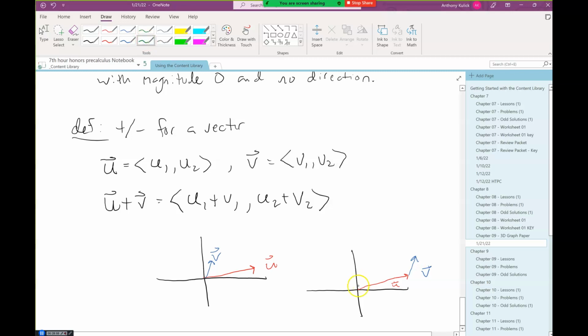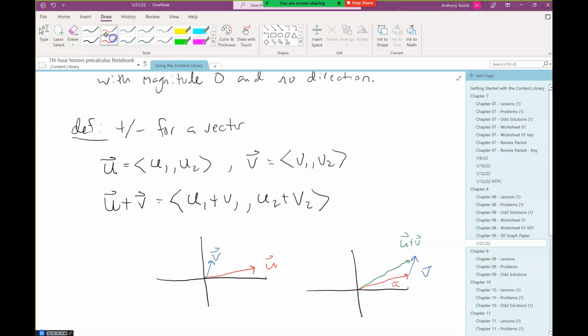And then our vector u plus v would be that. Is everybody okay with that?